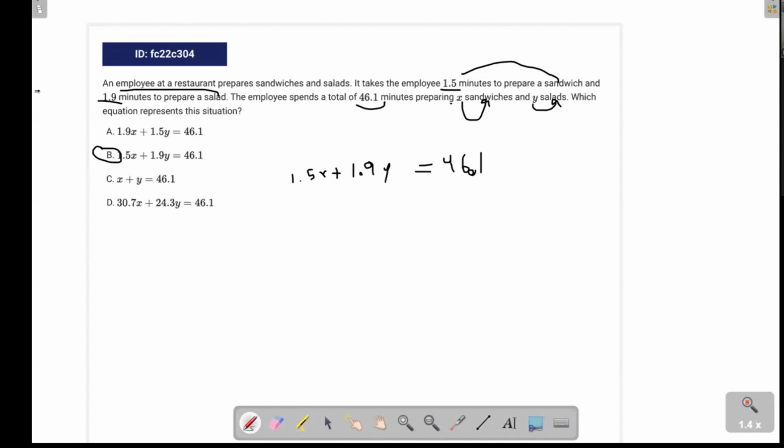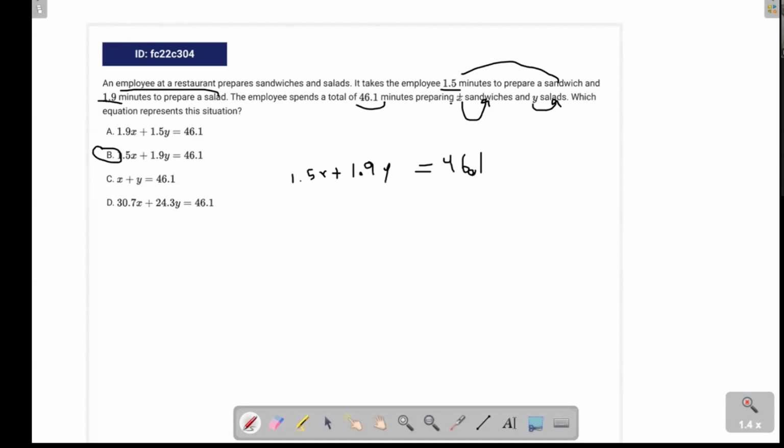Oh, what's the difference between A and B? Okay. The difference between A and B is these values. You see 1.9x is here instead of 1.5x, and 1.5y is here instead of 1.9y. The reason why B is correct is because X relates to sandwiches, meaning you're going to use 1.5 minutes to make each sandwich, which is the same as 1.5x.